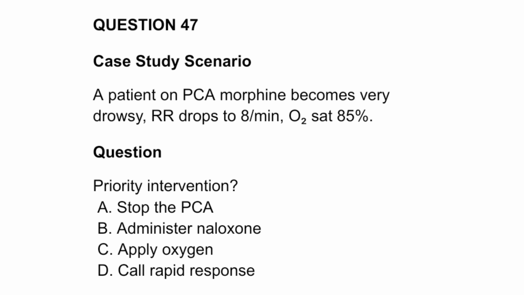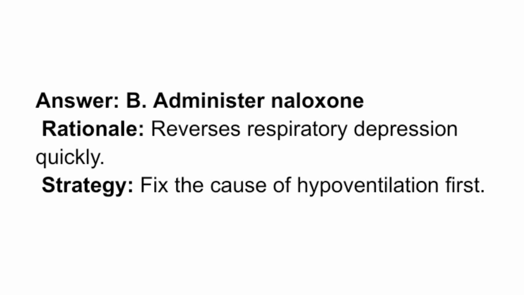C. Apply oxygen. D. Call rapid response. Answer: B. Administer naloxone. Rationale: reverses respiratory depression quickly. Strategy: fix the cause of hypoventilation first.